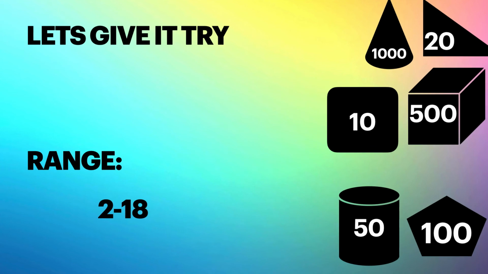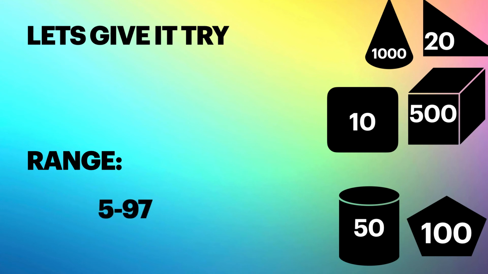Now, if the range was from 2 to 18, and the range means the lowest value in the data and the highest value. If the highest value was 18, which one of these round numbers would I use for the top? For me, I would probably use 20 because 18 is near 20, and that means the bars would stretch up near the top.